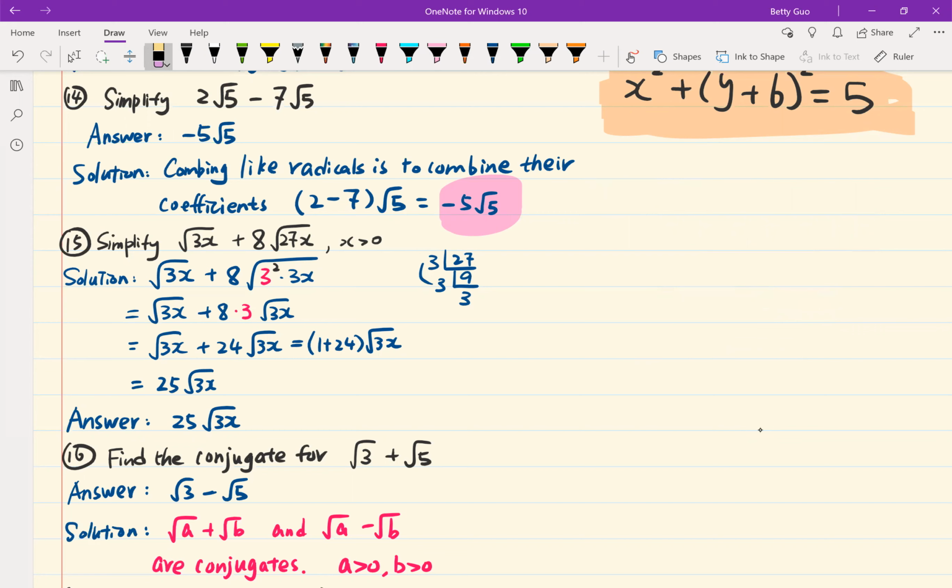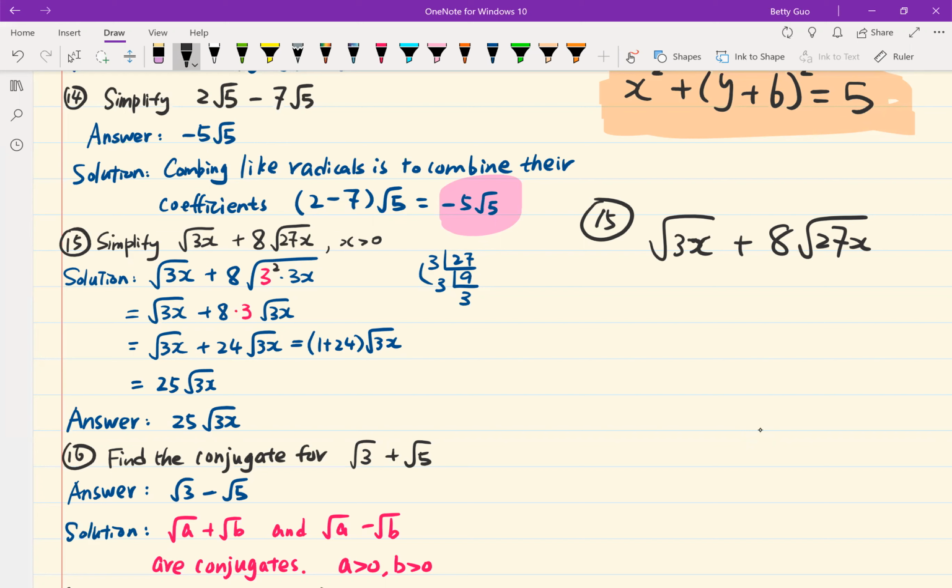Number 15. Simplify the expression square root of 3x plus 8 times square root of 27x. Yeah, this problem is a little bit challenging. We are adding two radicals.